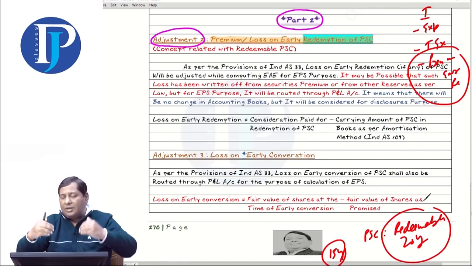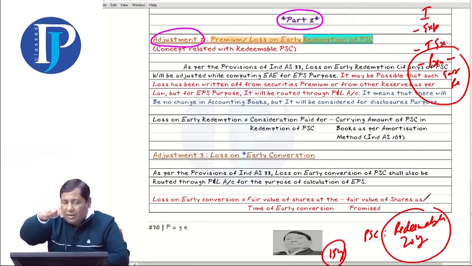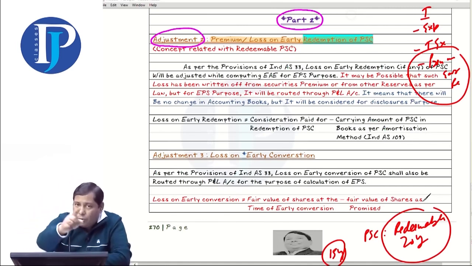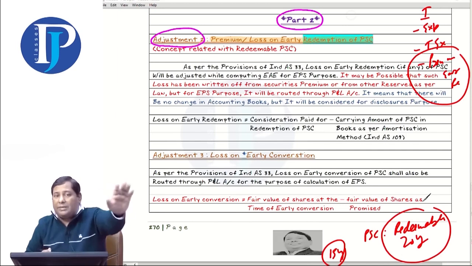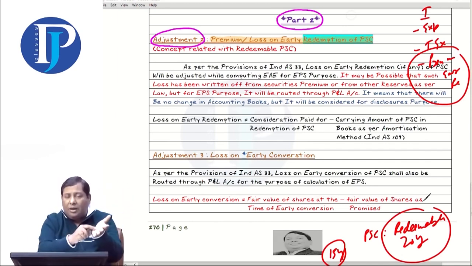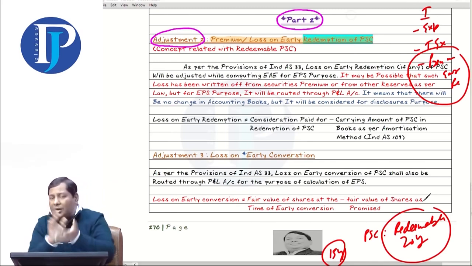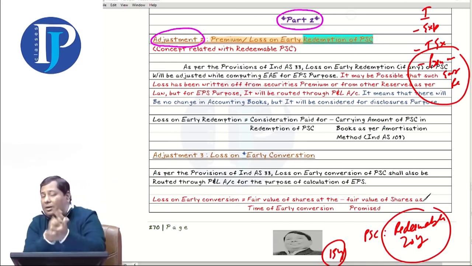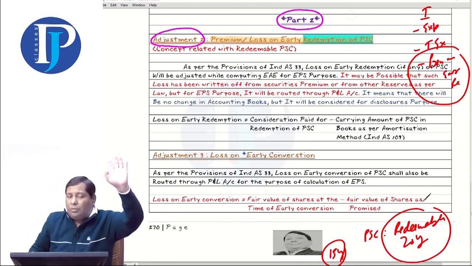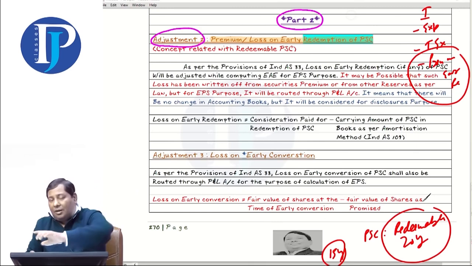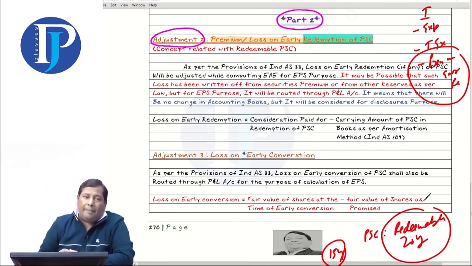So when we do early redemption, we will take the carrying amount of the PSC from the books, as per the amortization method, and see how much money we are giving. The amount paid minus the carrying amount, that difference is called loss on early redemption or premium on early redemption. You can take that premium anywhere in your accounting books. But students, in EPS you have to subtract it from profit.